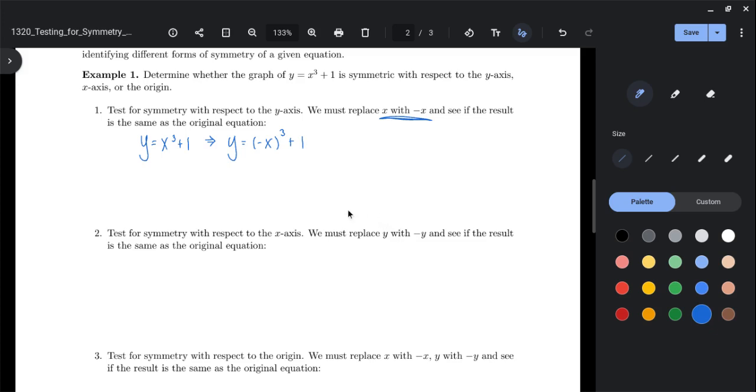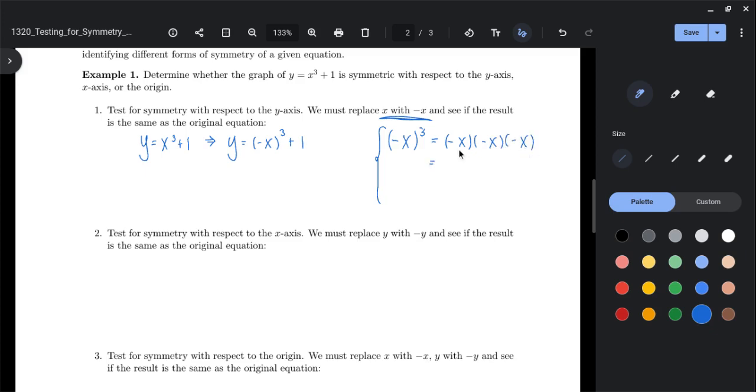Now, you may think, okay, there's not really much I can do because I can't find a value for negative x that's being cubed because we have an unknown there. But we can determine if this value, a negative x being cubed, is going to be positive or negative. So let's do this on the side. If I have negative x cubed, that means that I am multiplying negative x by itself 3 times. So if I write this out, we have negative x times negative x times negative x.